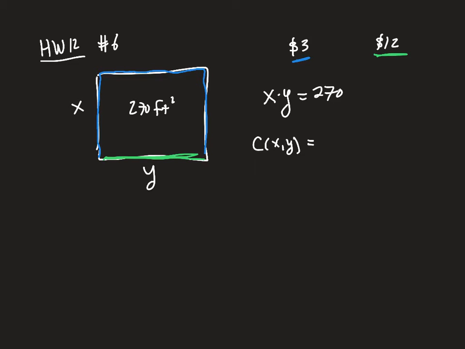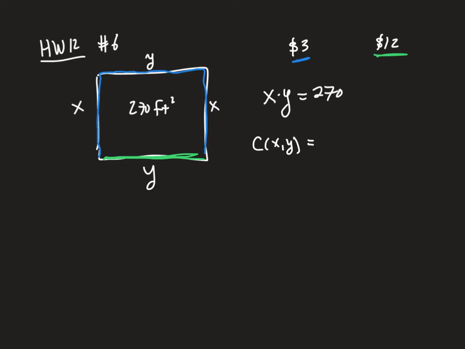All right, so for the cost of this fencing, I know that there are x's and y's on both sides. The total perimeter is going to be x, y, x, y, so 2 x's and 2 y's. But the blue sides cost $3 per foot. So that's $3 times this length, and $3 times this length, and $3 times our third length.